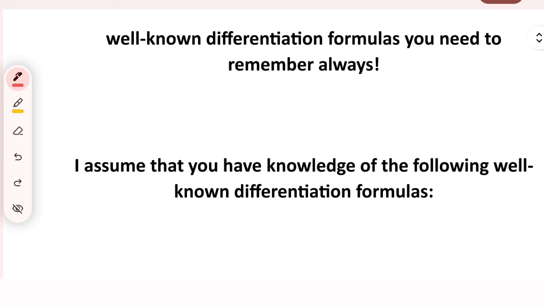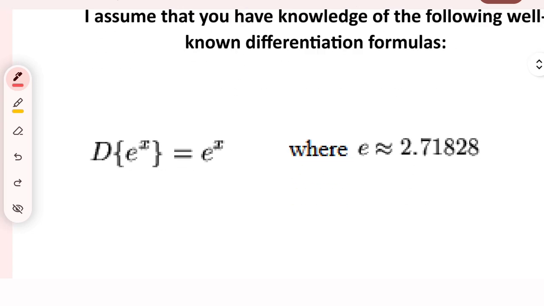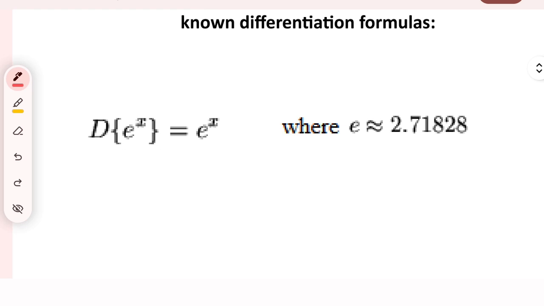All right. So the first one, which is very common, is the derivative of e to the x. What is the derivative of e to the x, where e is actually a constant? It's a constant of 2.71828. So you also need to memorize this one.